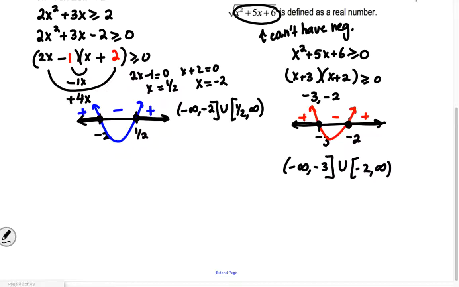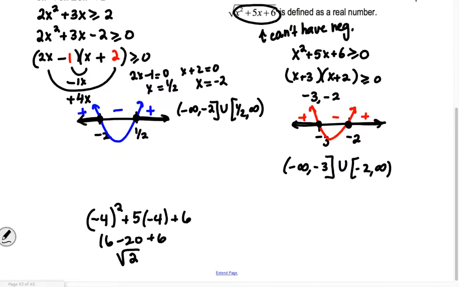Okay, and you can check things. So let's try like -4. Let's say I plug -4 into my x squared. You don't have to write this, just look up here. Does it make it okay? So I have 16 minus 20 plus 6. Is it positive? Yeah, we get the square root of 2. Can we take the square root of 2?